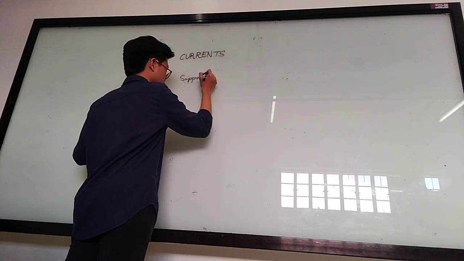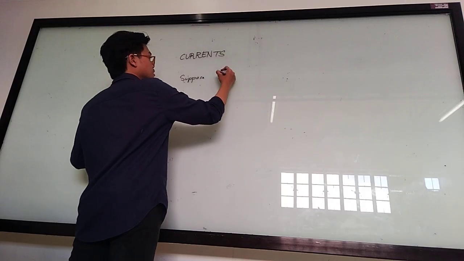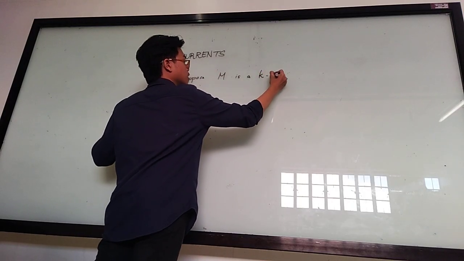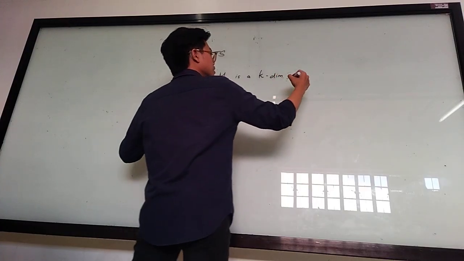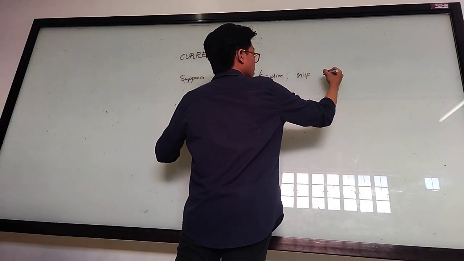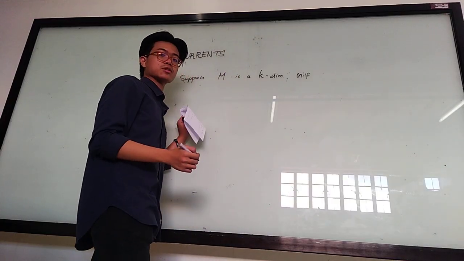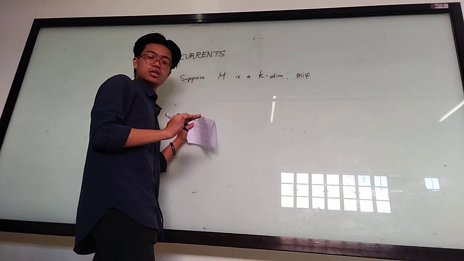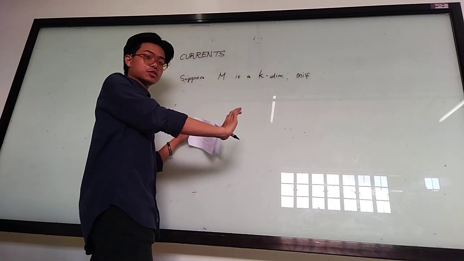So let's suppose M is a k-dimensional Milf string. What I mean by k-dimensional is that it can be parameterized, or there are k parameters that dictate the directions or how many dimensions are on the surface of its world sheet.